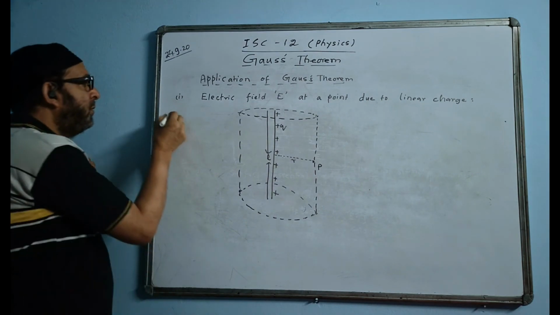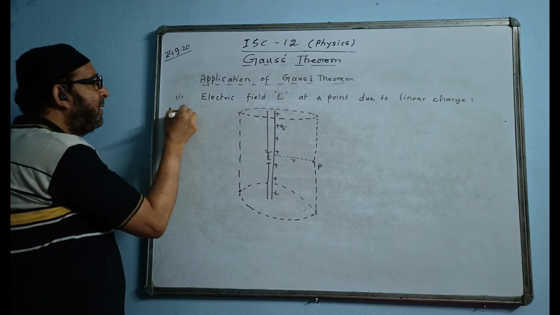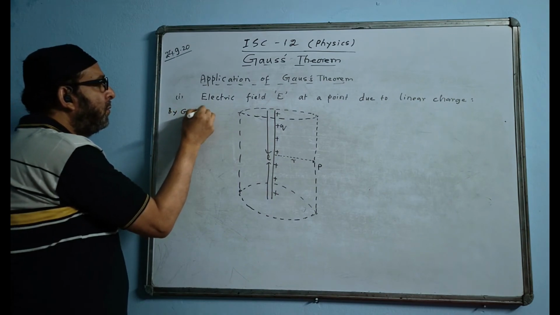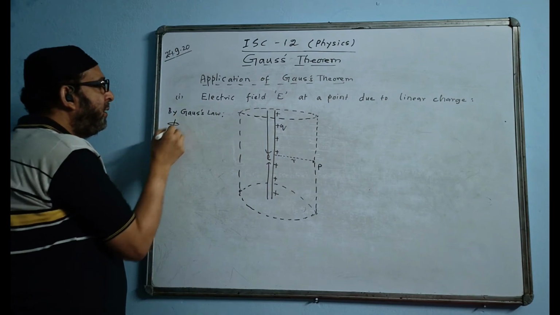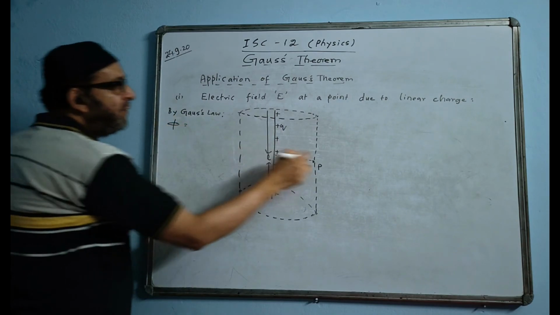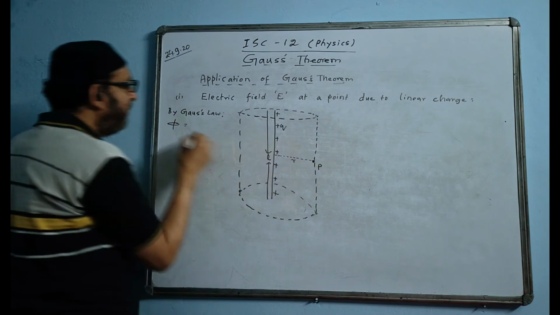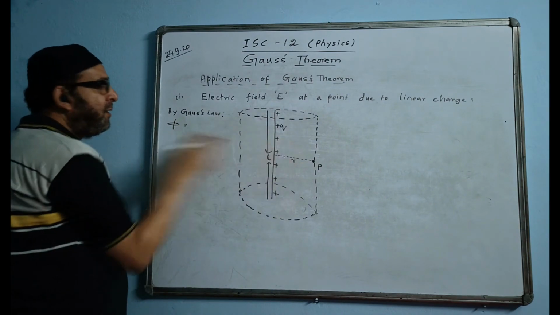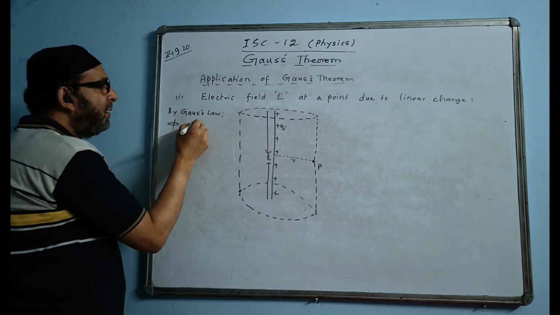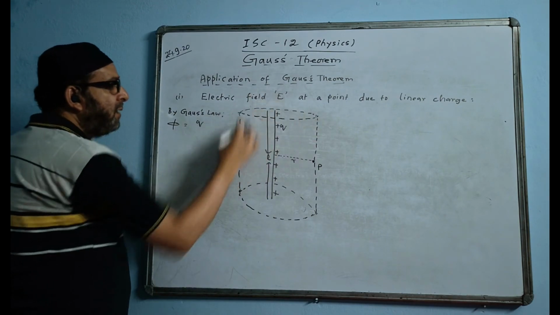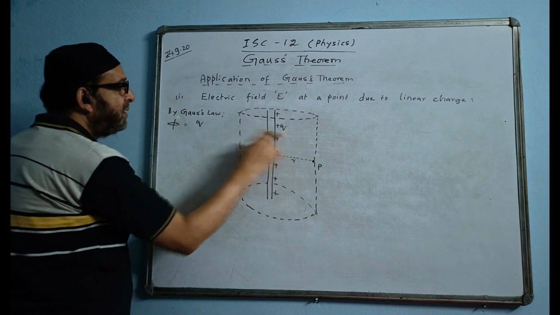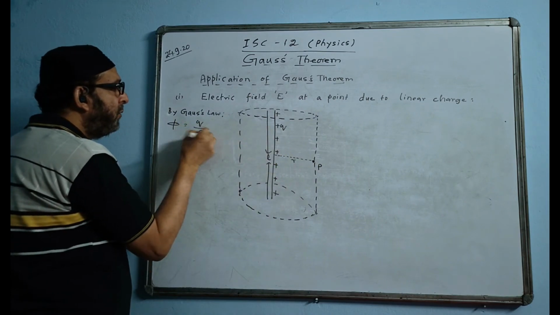Right here, by Gauss's law, or Gauss's theorem, we have phi. There is only one surface, this surface. So phi is equal to the charge enclosed by this surface. Total charge enclosed is Q, so Q by epsilon naught.